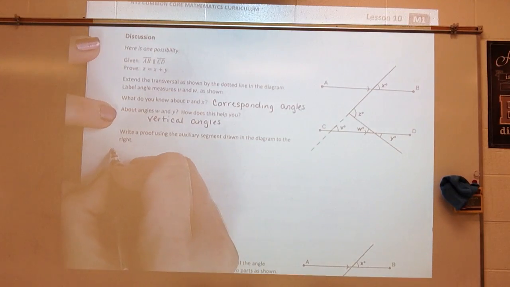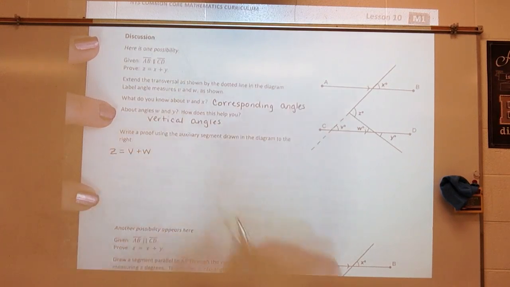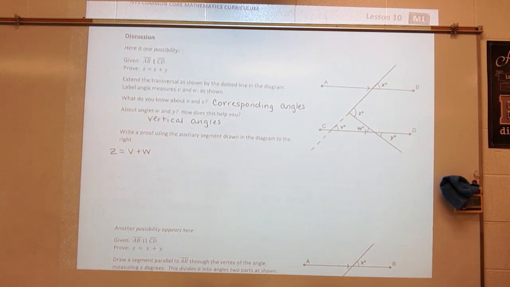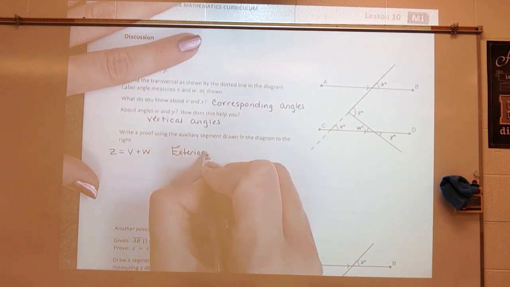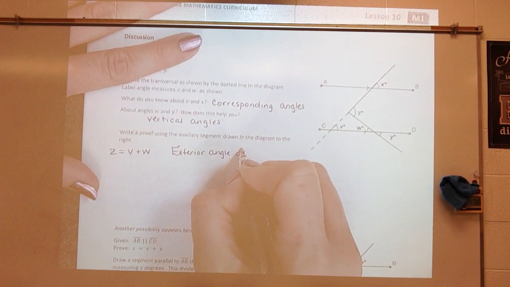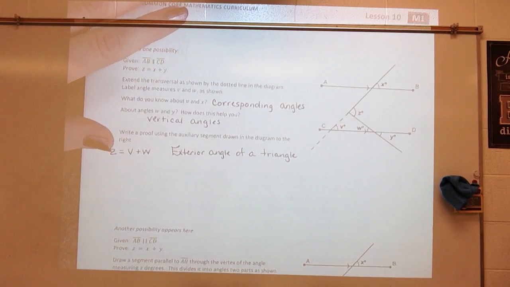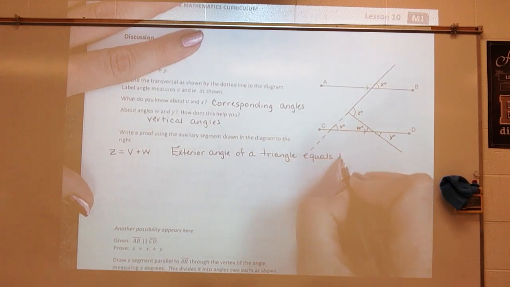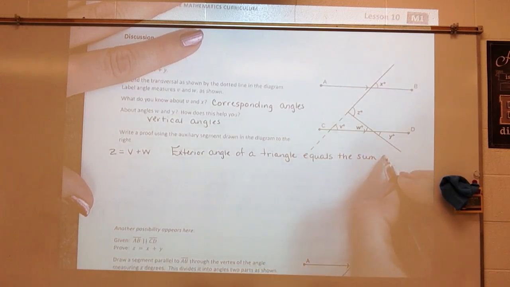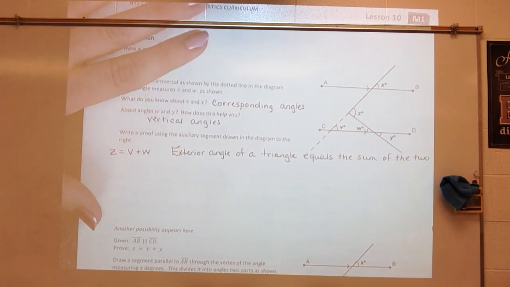Well, I know that Z is equal to V plus W. And I know that because the exterior angle of a triangle equals the sum of the two remote interior angles.